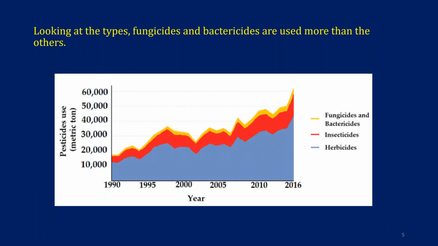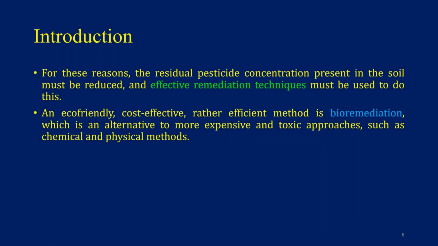Looking at the types, fungicides and bactericides are used more than the others. For these reasons, the residual pesticide concentration present in the soil must be reduced, and effective remediation techniques must be used to do this.